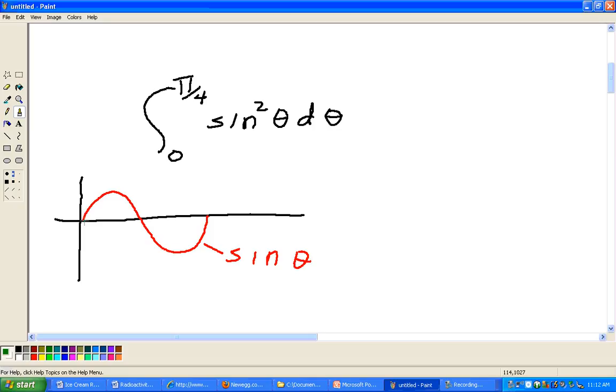If you graph sine squared, it looks sort of like a series of half circles.